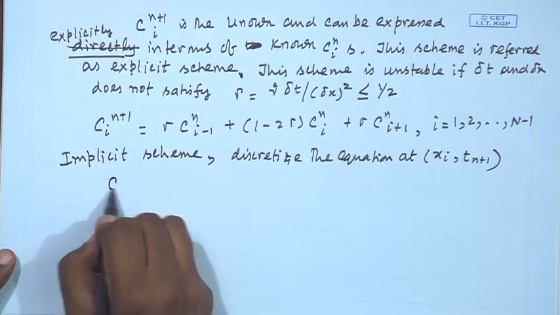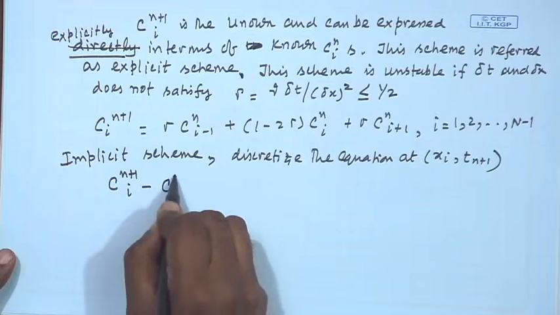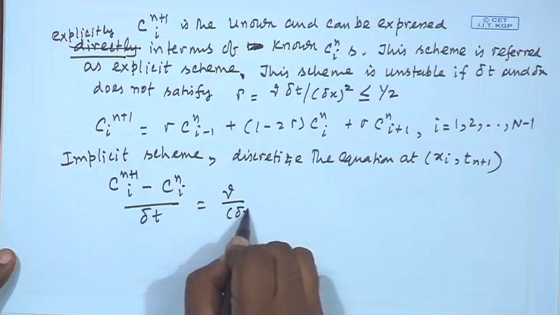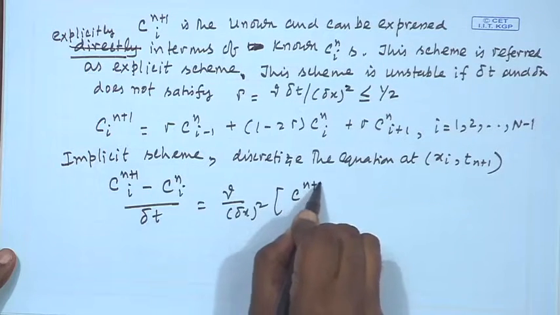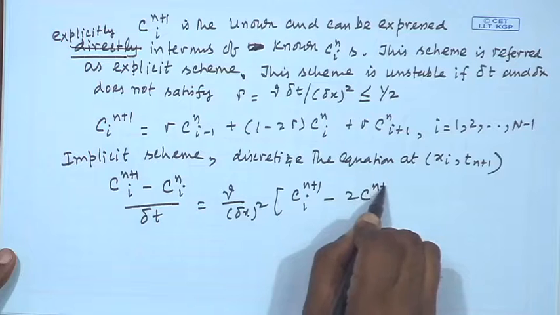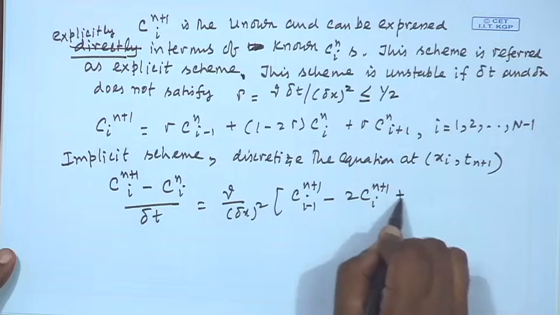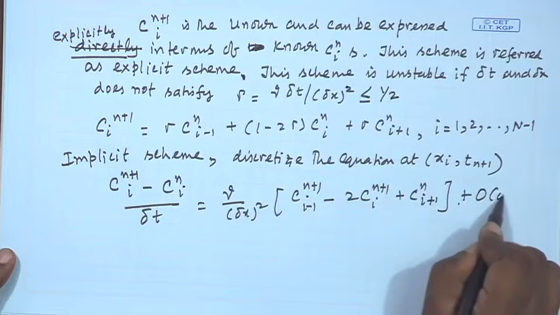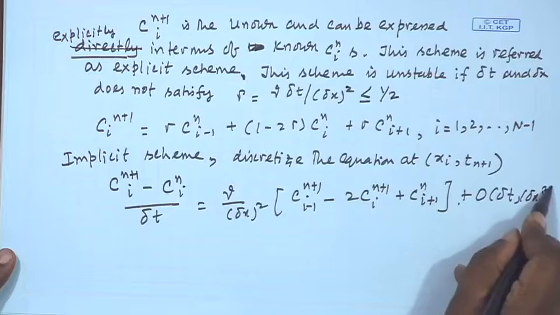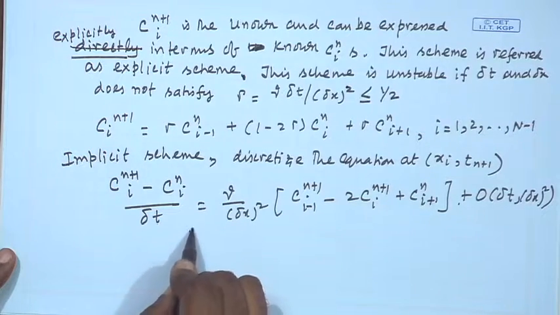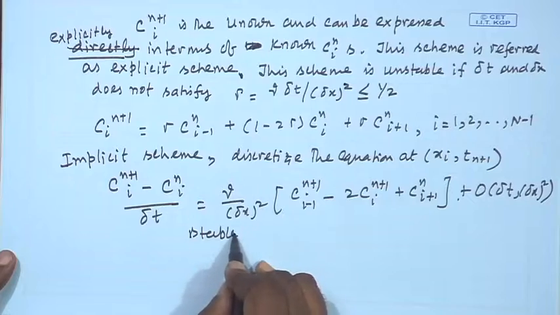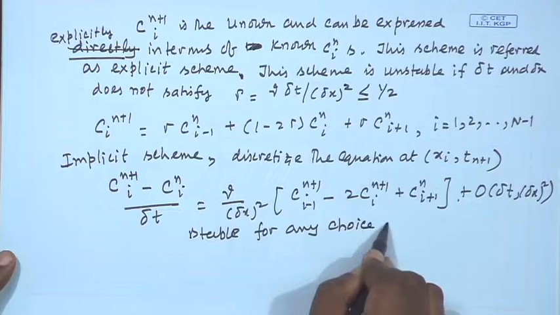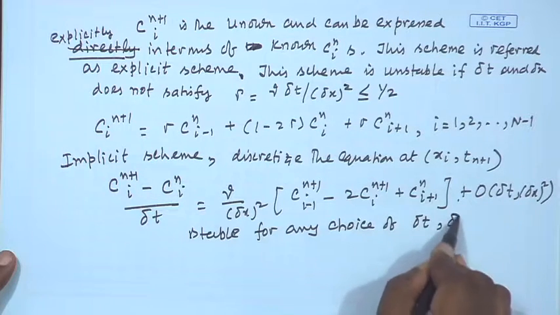So what I get is Cn plus 1 I minus Cn I by delta t equal to nu by delta x whole square, Cn plus 1 I minus 2 Cn plus 1 I minus 1 plus Cn plus 1 I plus 1. This is again order delta t, delta x square, but the advantage is that it is stable for any choice of delta t and delta x.